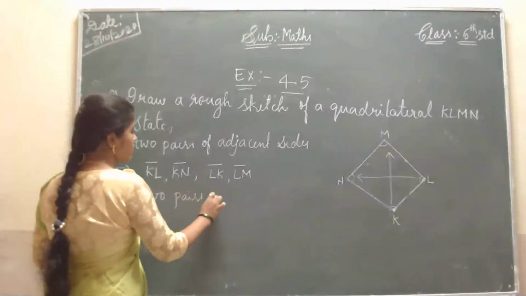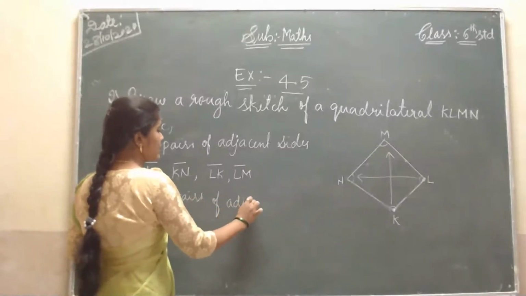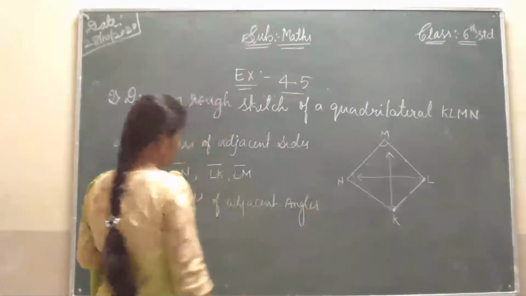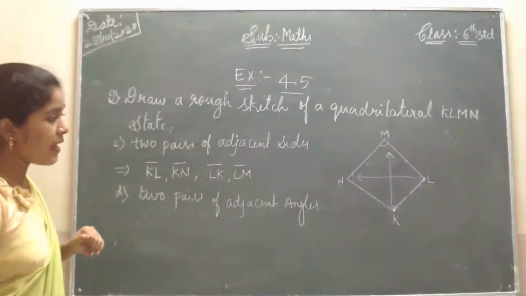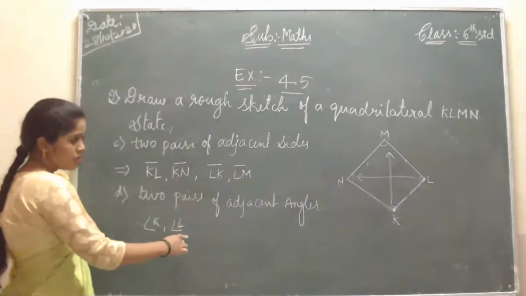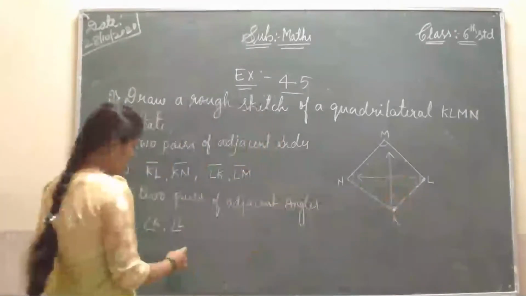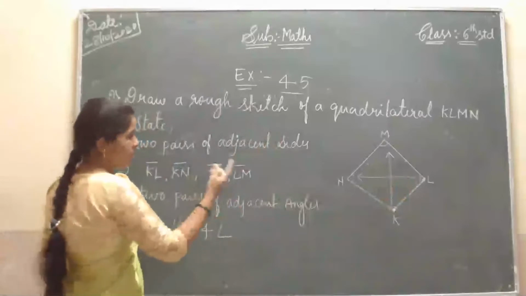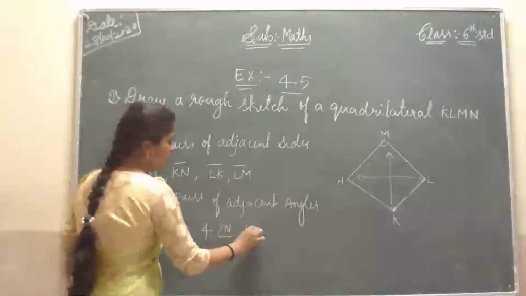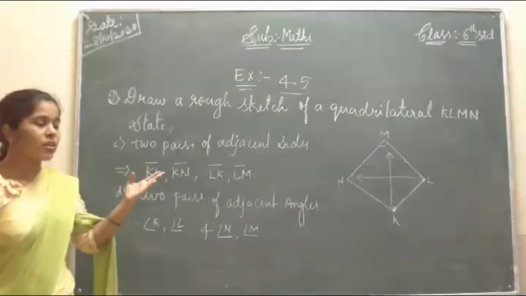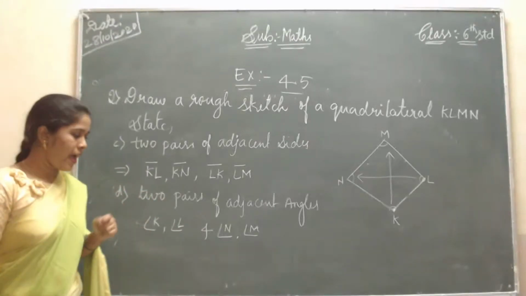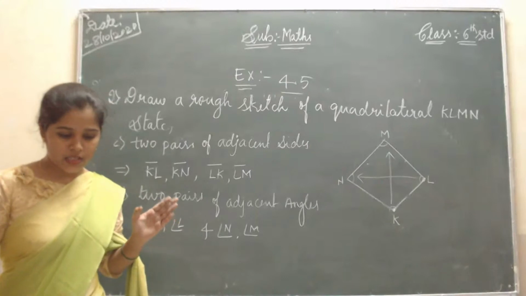The first one is angle K and angle N, and the second is angle K and angle L. So these are the adjacent angles. Next, take any angles like N and M, or any angle, LN or NM or KL or KN. These are the adjacent angles. So we have completed this exercise. Second question.